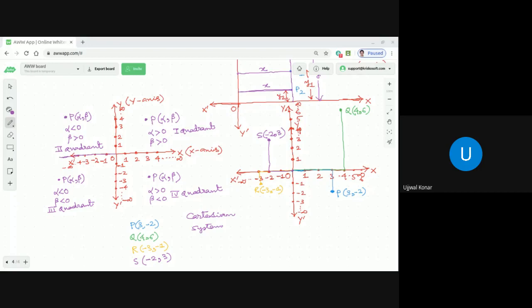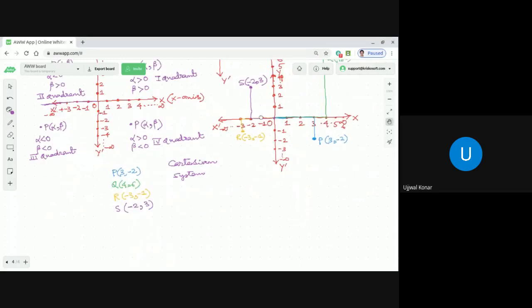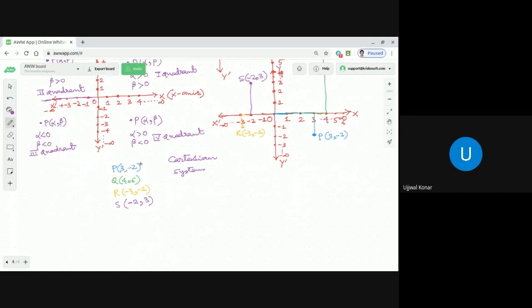Before concluding the class, the x coordinate of a point is also known as the abscissa. If I get a point P here, and its coordinates are, suppose, alpha comma beta, then alpha is the x coordinate.